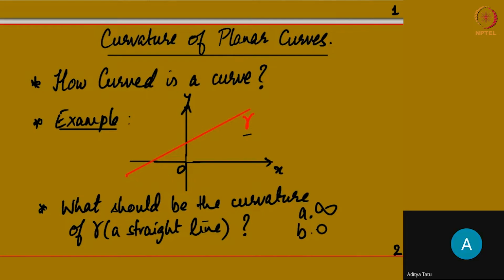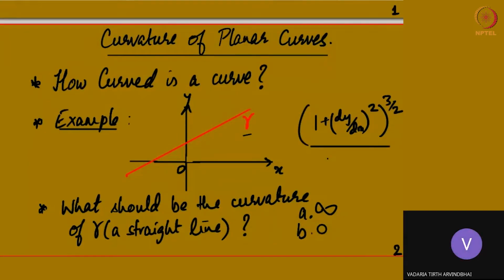Go ahead, Tirth. I answered infinite because I knew one formula about radius of curvature: 1 plus dy by dx squared, whole raised to 3 by 2, divided by d2y by dx2.